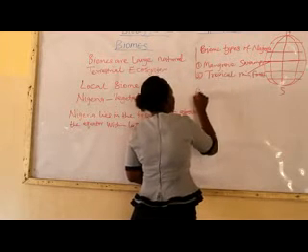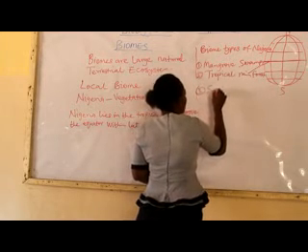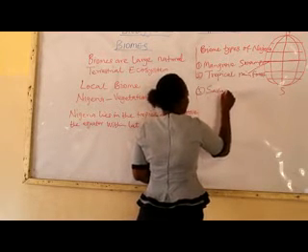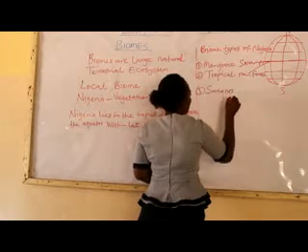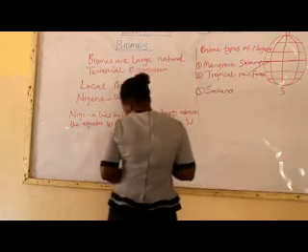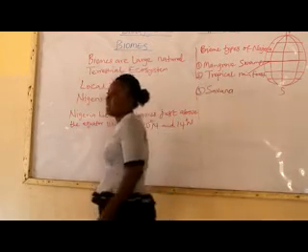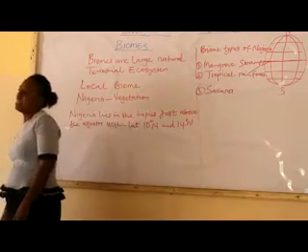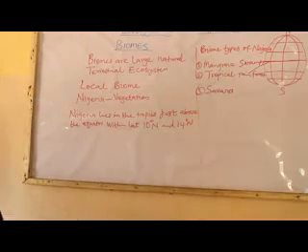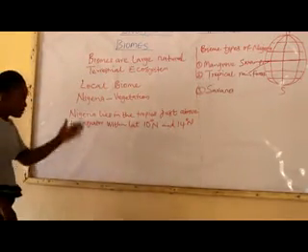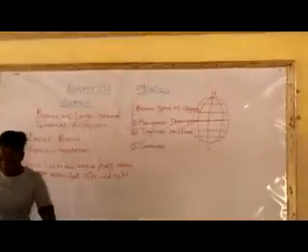Then number 2, we have the savanna regions. This savanna has many types. We have the Guinea savanna, the Sudan savanna, and the Sahel savanna. But let's begin with the mangrove.